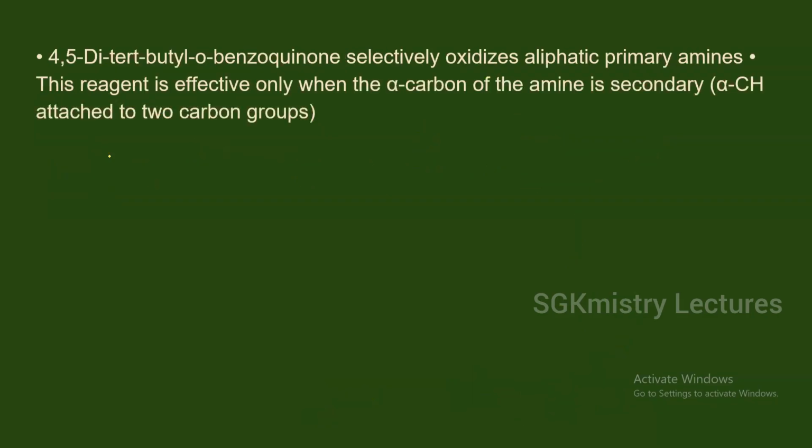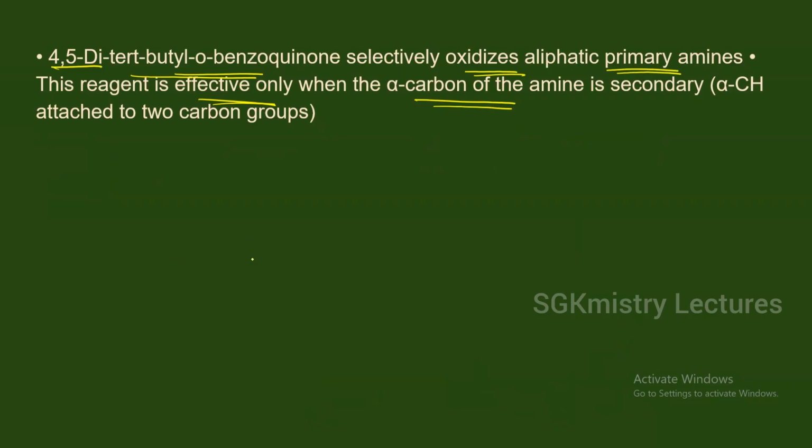Now, aliphatic primary amines can also be oxidized by making use of 4,5-ditertiary butyl orthobenzoquinone. This particular reagent selectively oxidizes aliphatic primary amines, and it is effective only when the alpha carbon of the amine is secondary. That is, where the alpha carbon is attached to two carbon groups.